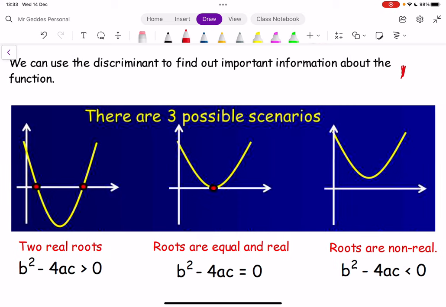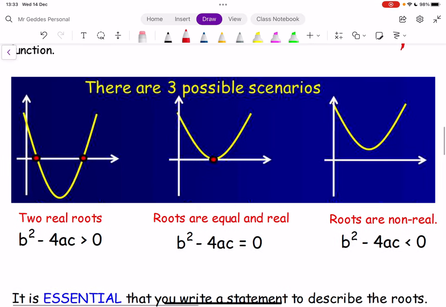Okay, the three scenarios, three parabolas. This one's notes heavy, all right? There's a lot of notes. Important stuff as well.